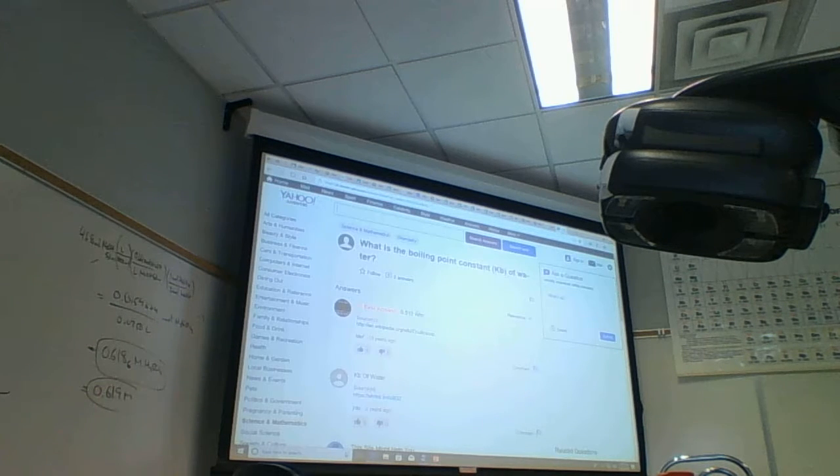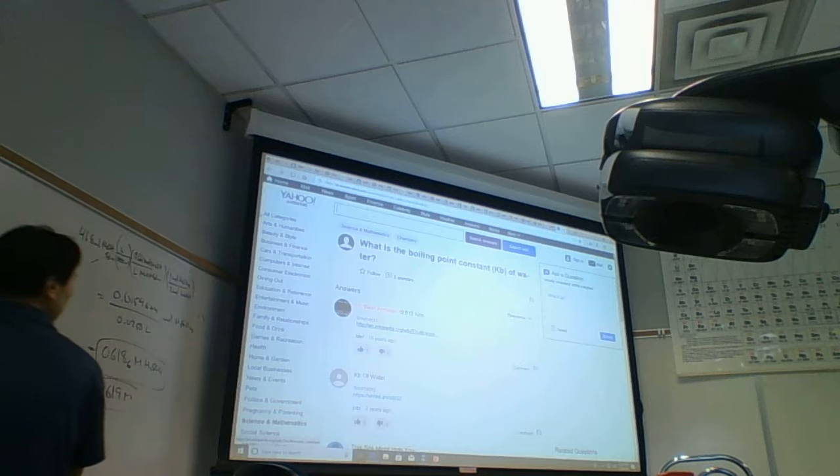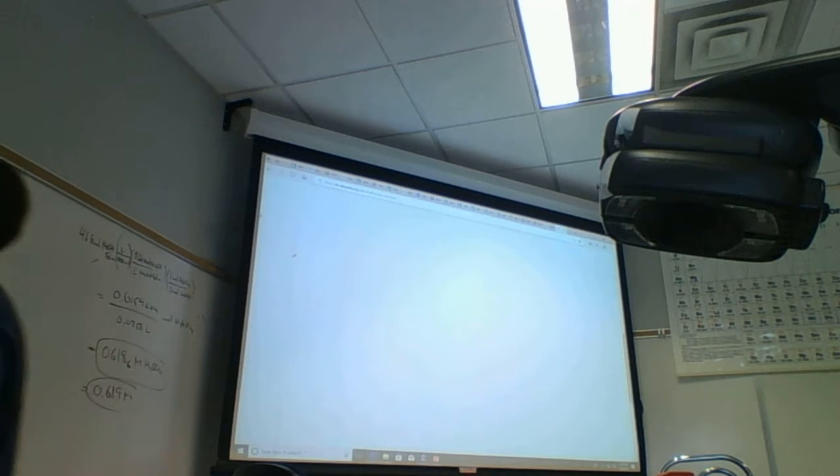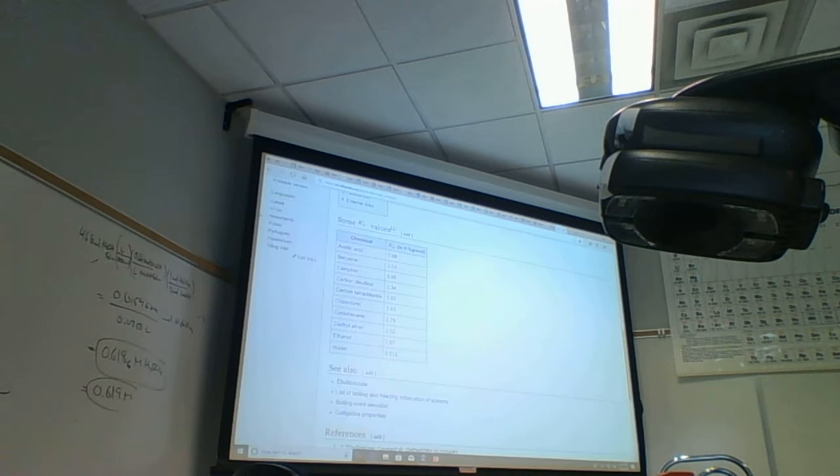The KB value is 0.512. Let's see, is this a reliable source? It is, because I know the number. It's 0.512. And so the calculation is going to look like this.